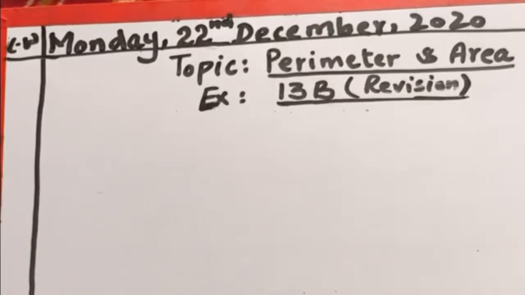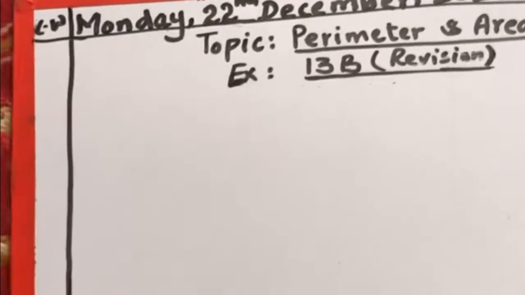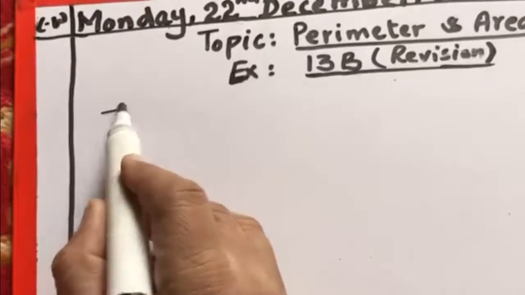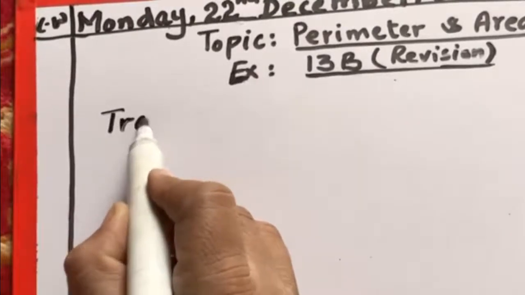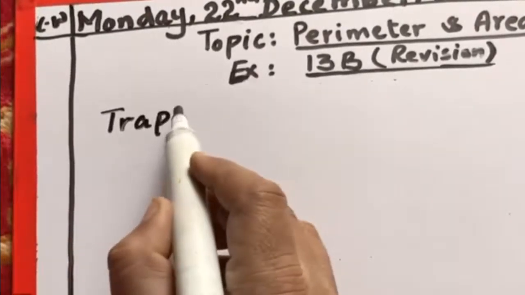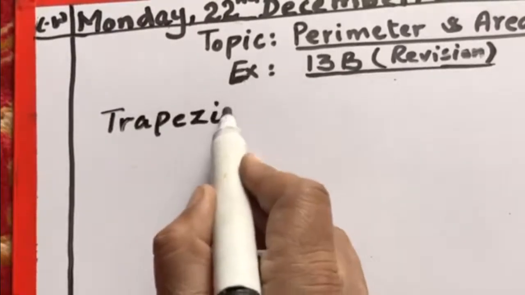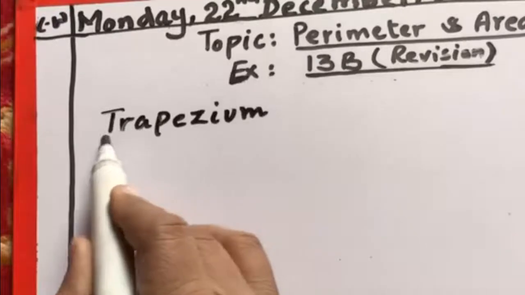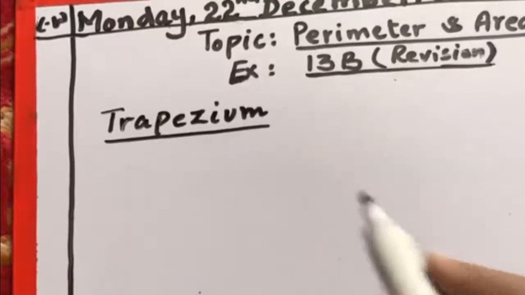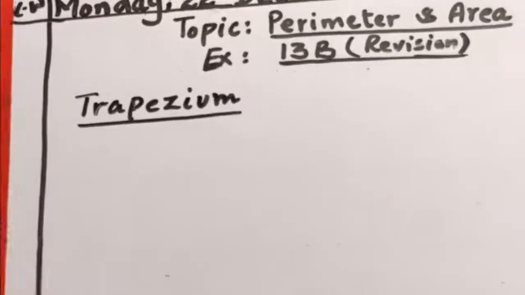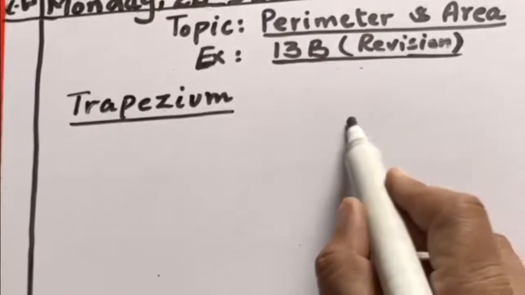What is a trapezium? Trapezium is a quadrilateral shape.